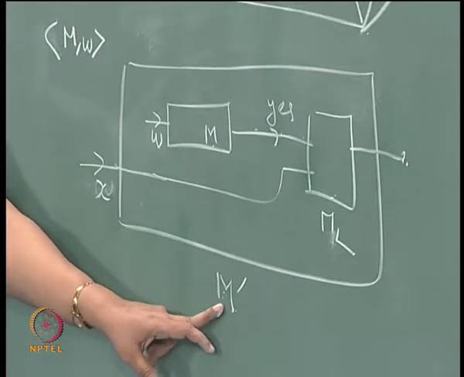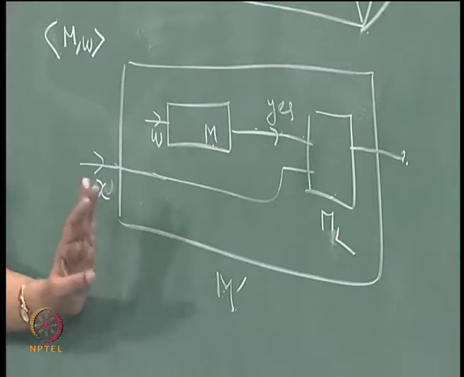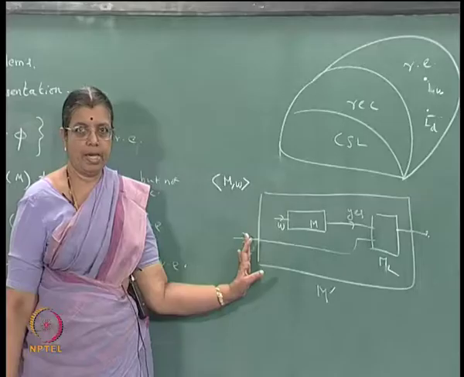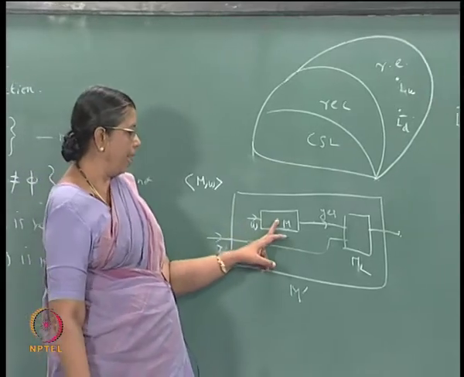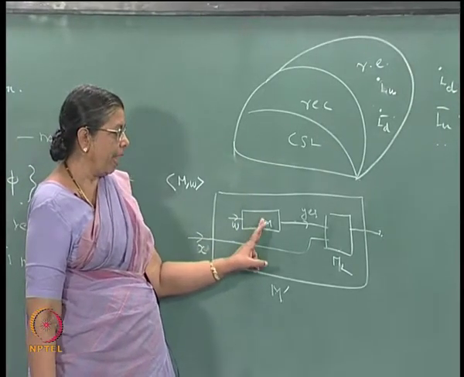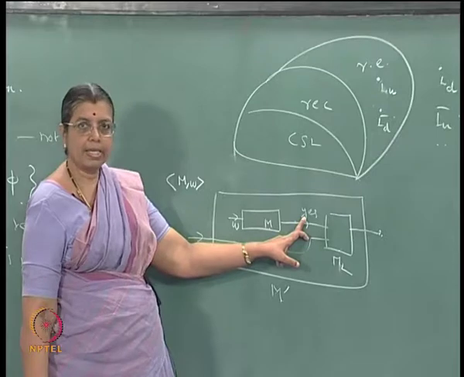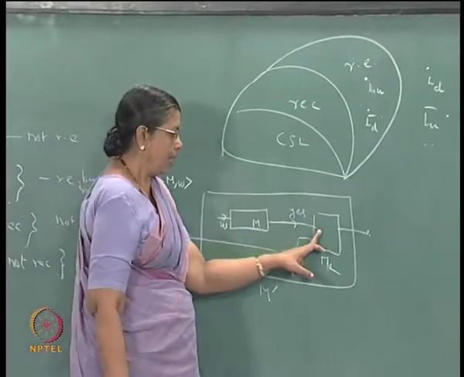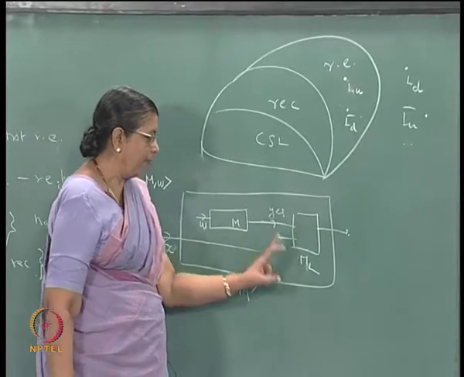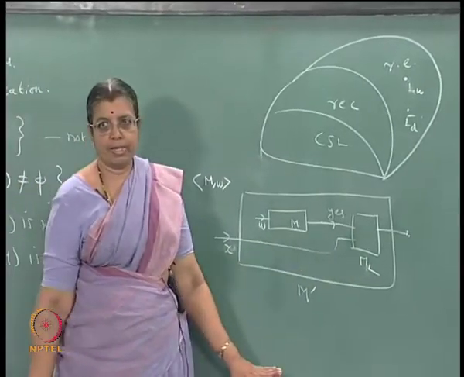What M dash will do is, it will ignore its input, but it will simulate the behavior of M on w, and if it is yes, then it will start ML. If it is no, ML will not be started.